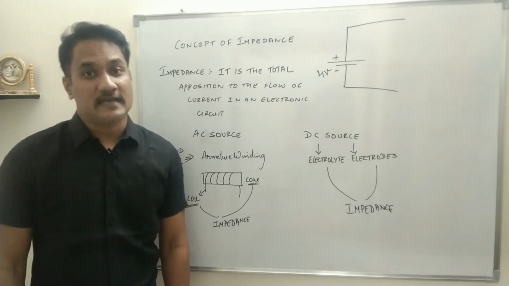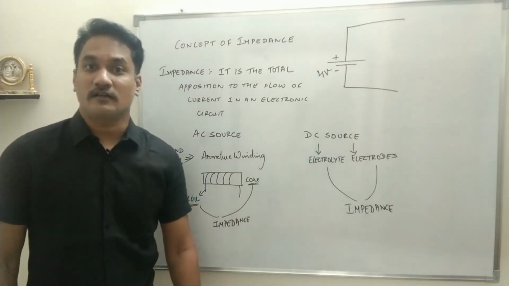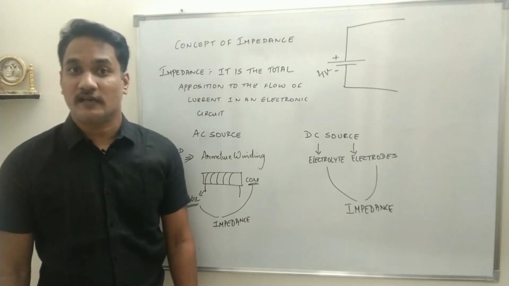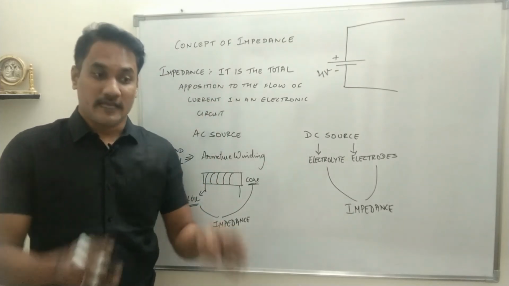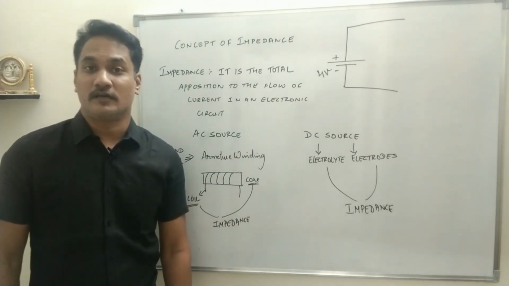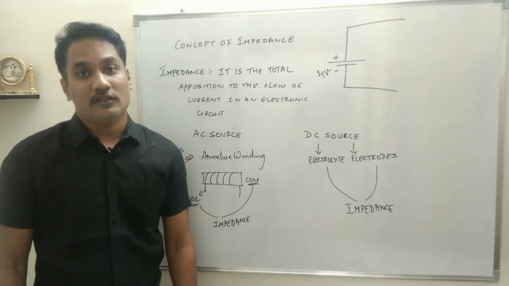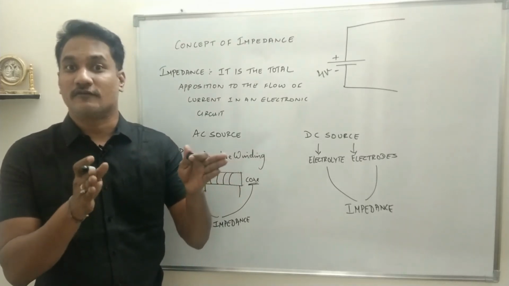Of course, when I design a DC source, an example is a battery. A battery is a group of cells. For designing one cell, I will need electrolyte and electrode, and a group of cells will have a group of electrodes and of course a large amount of electrolyte. So all these components will produce opposition to the flow of current.